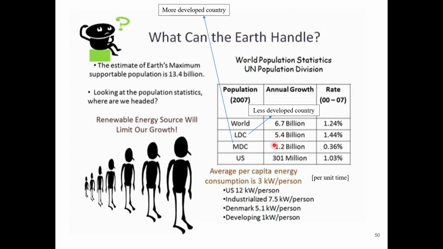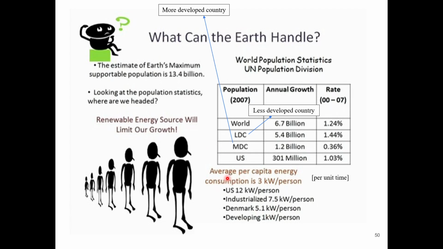That is the problem of the underdeveloped countries. The more the underdevelopment, the more the population. It is very much interrelated, because they have very little awareness of all these concepts.